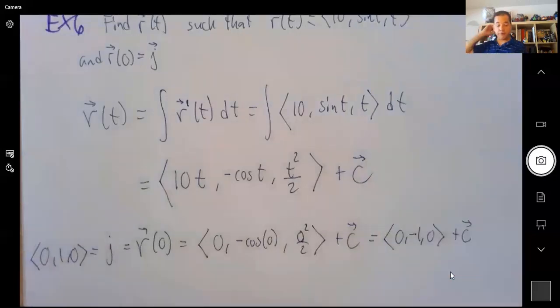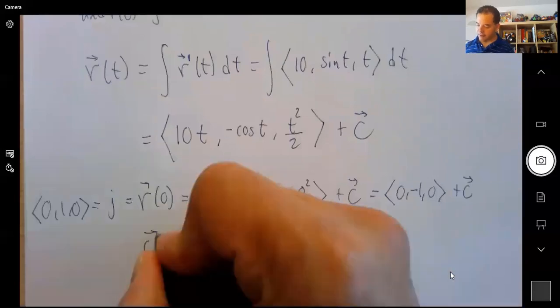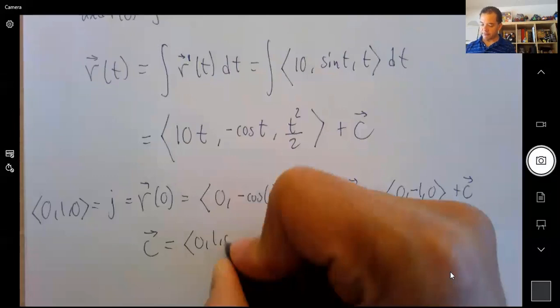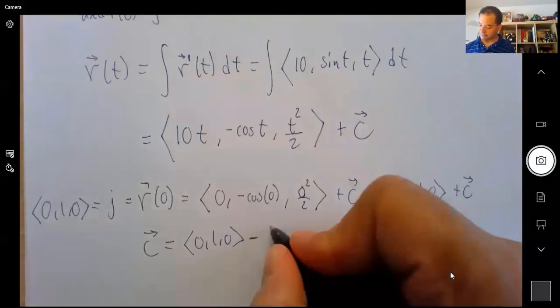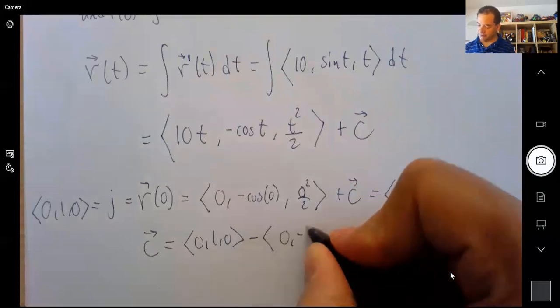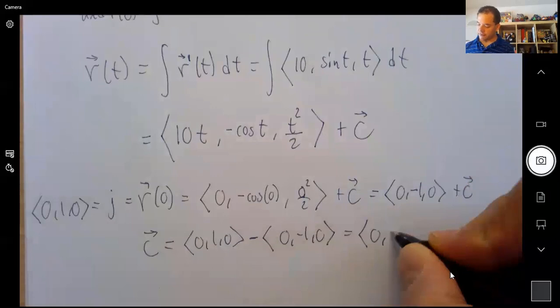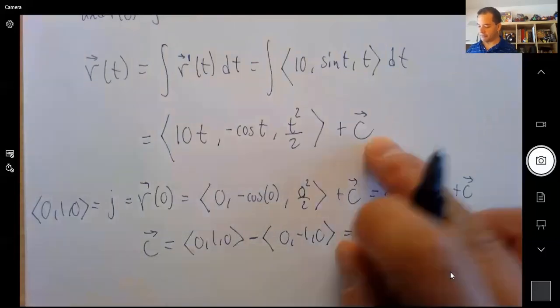So then you can solve for c. So what is c going to be? The vector c will be 0, 1, 0, this one, minus 0, negative 1, 0. And that's 0, 2, 0. So voila, that's the answer. We found c now. So c is this vector.